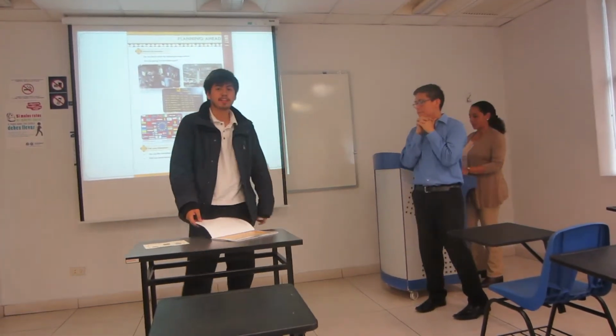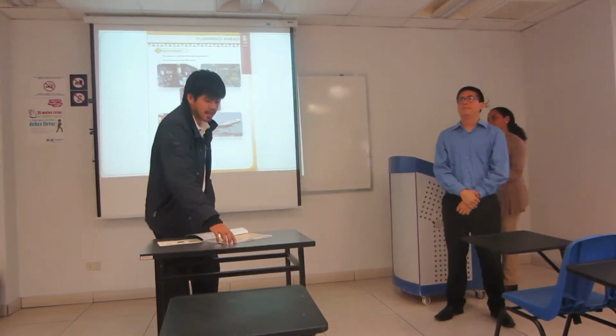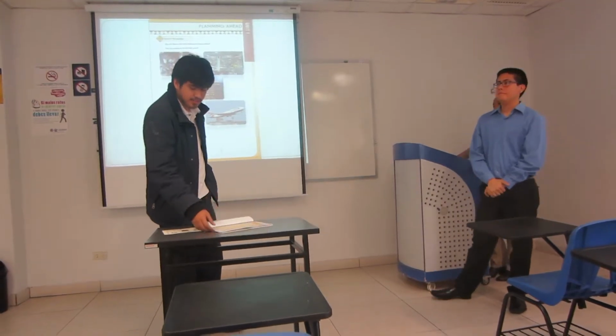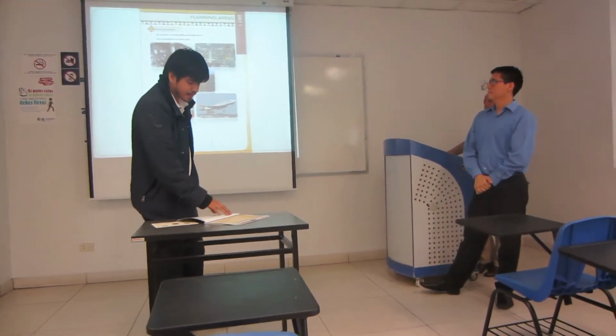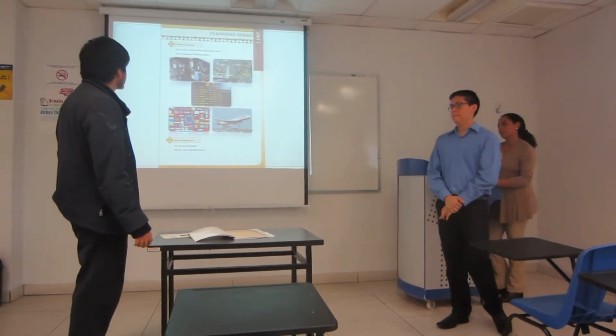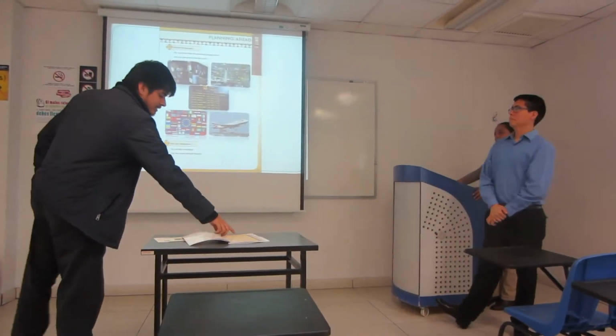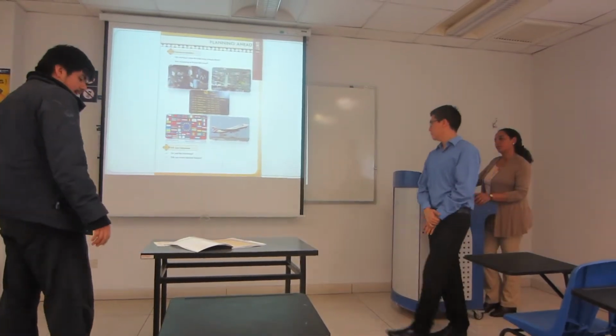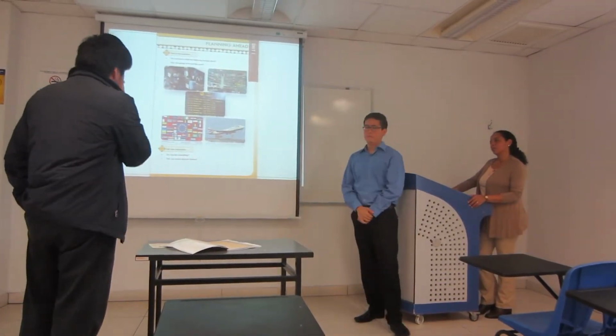The book itself contains most of the explanations, a couple of exercises. Here you can see, for example, the reading for the first unit is called Planning Ahead in this current version.